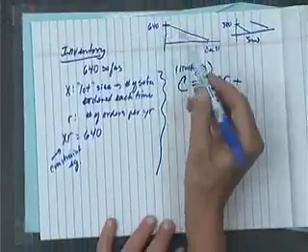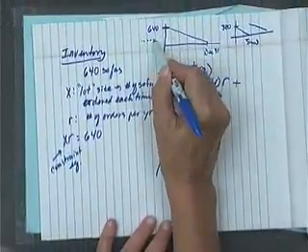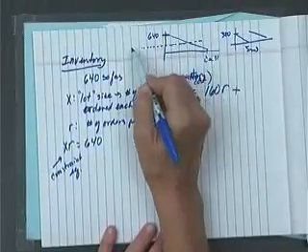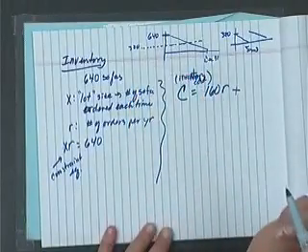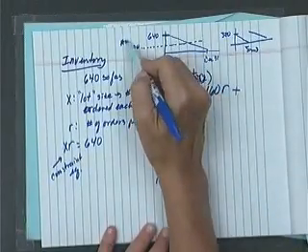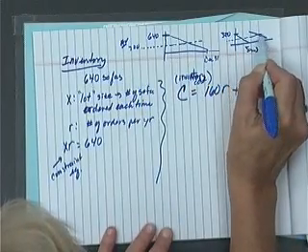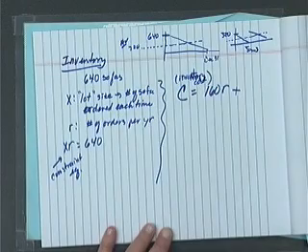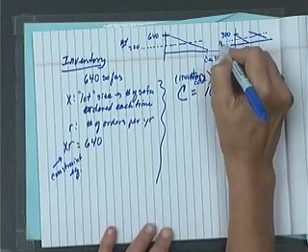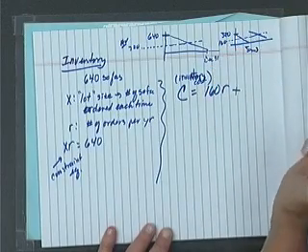If I ordered 640, what would my average be? 320 is my average in inventory. If I ordered 320, what would be my average in inventory? Thank you, 160.